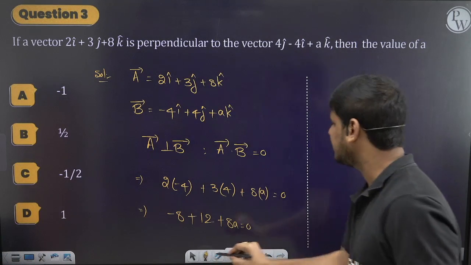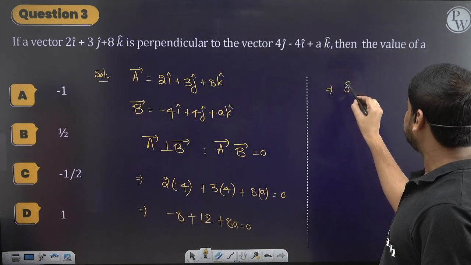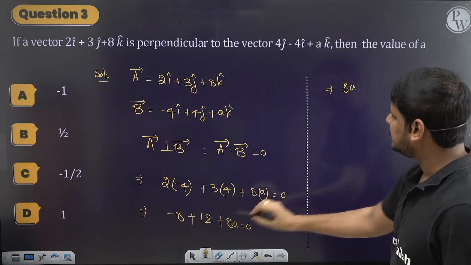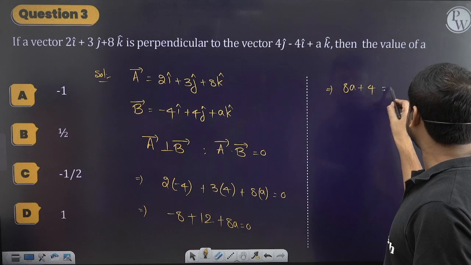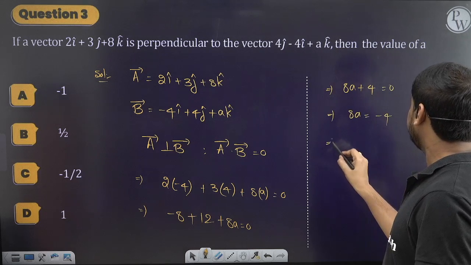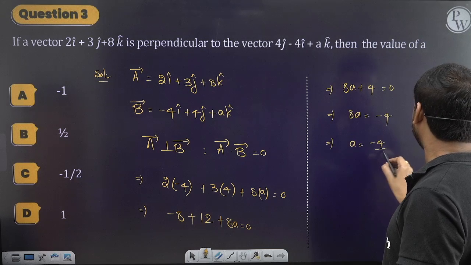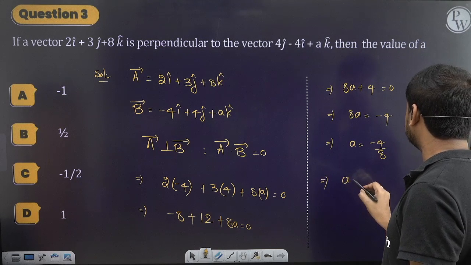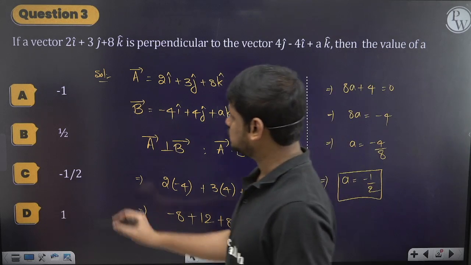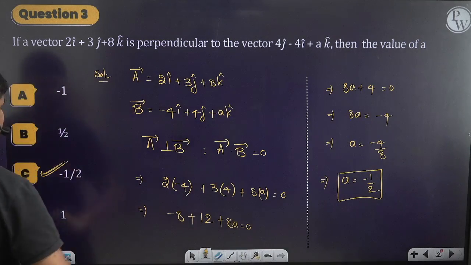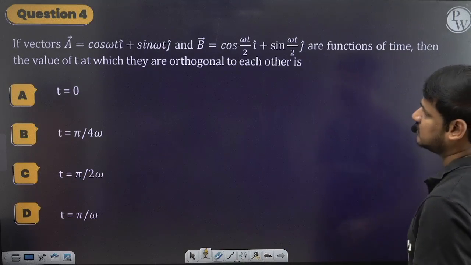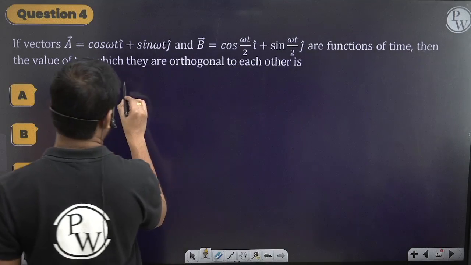From here, 12 minus 8 is 4, so 8a plus 4 equals 0. So 8a is equal to minus 4, then a is equal to minus 4 by 8. Therefore a is equal to minus 1 by 2. Choose the option minus 1 by 2. Okay, clear? Chalo, next.